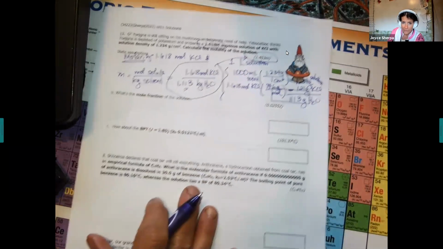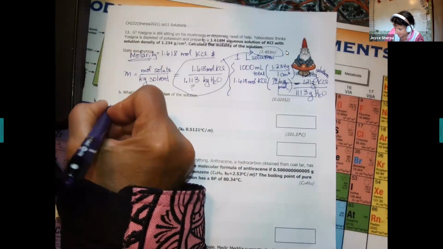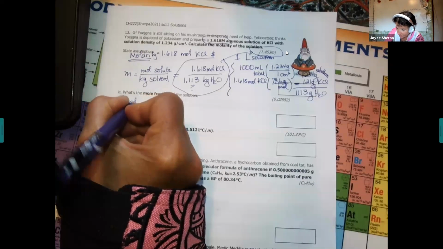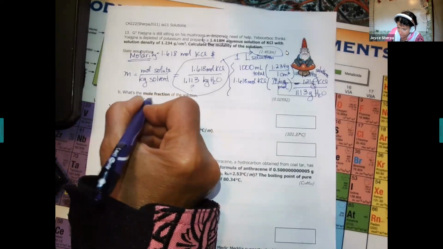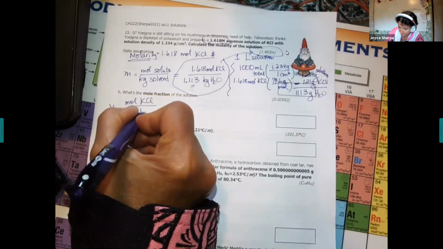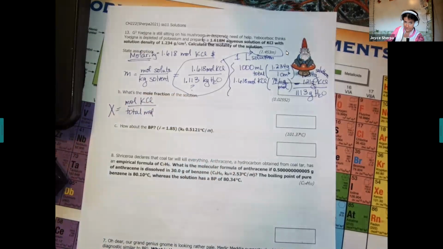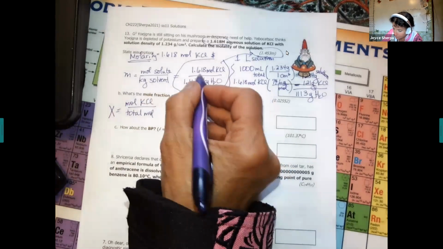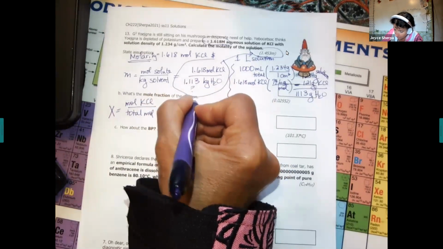All right, for mole fraction, that's the X, it is going to be the moles of the solute, the KCl, over the total moles. No times 100, it's just going to be a number. So we know our moles of KCl is the 1.618.